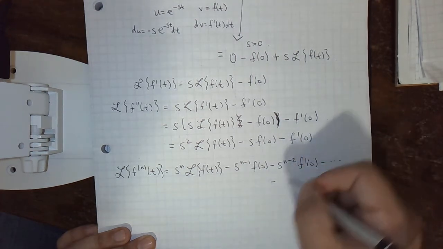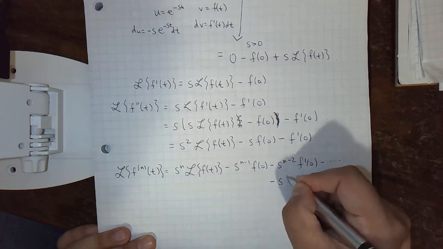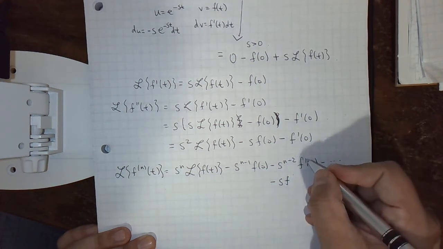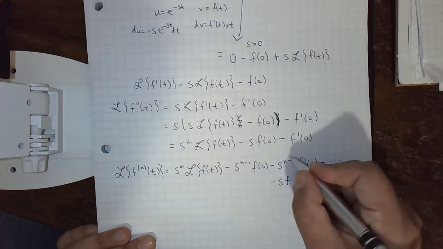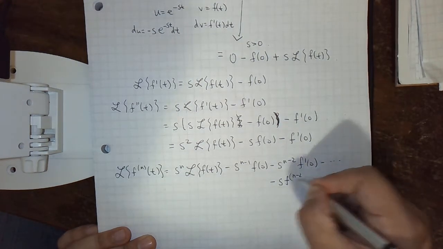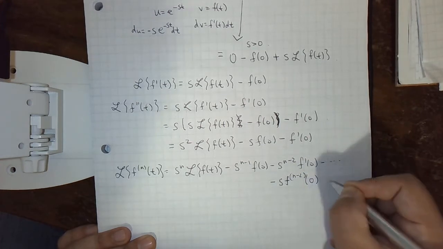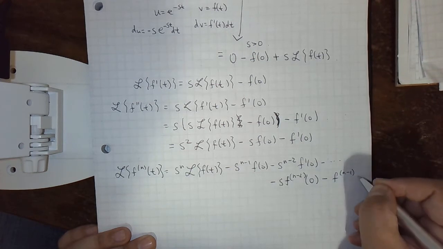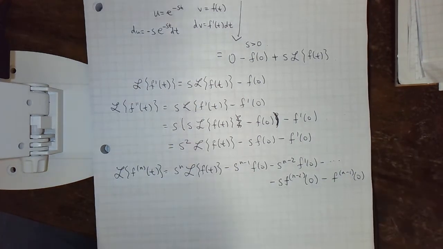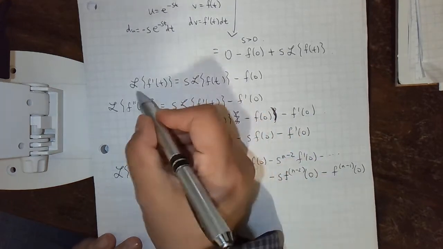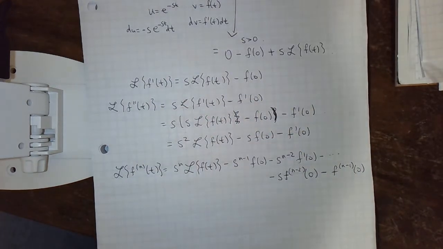And then we end with the term before this, s times the n minus 2th derivative. The number on the derivative and this power of s need to add up to n minus 1. So this is 1, so this is the n minus 2th derivative, minus s to the 0 times the n minus 1th derivative at 0. And we can get that whole formula by repeatedly using this formula that we just derived.